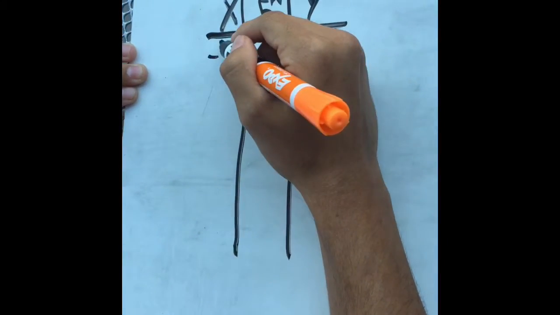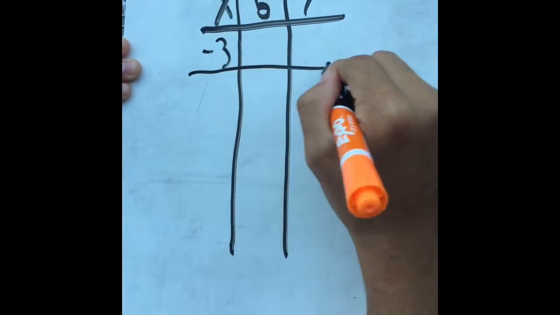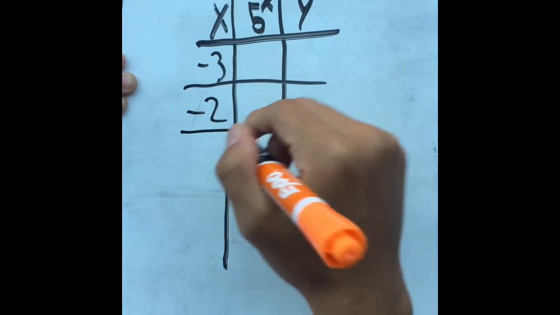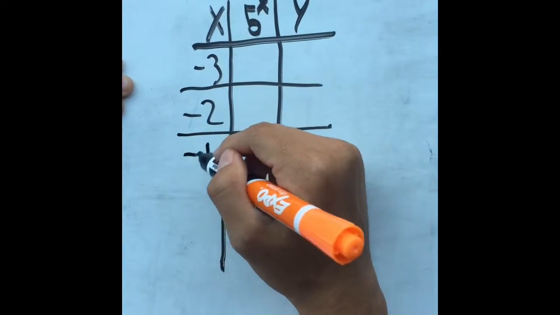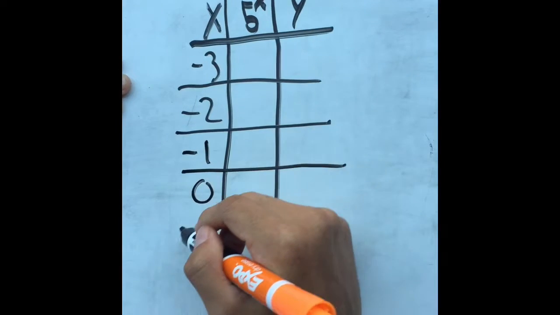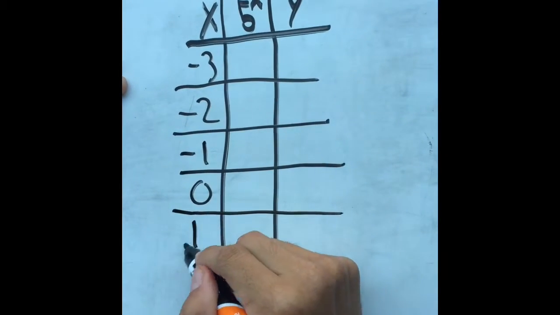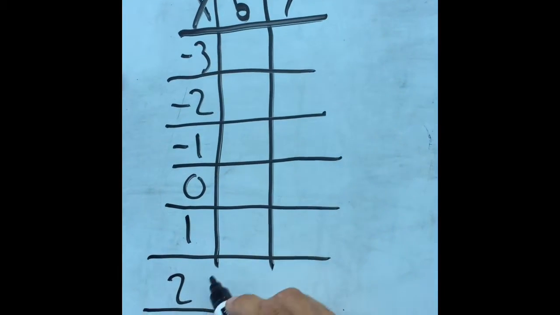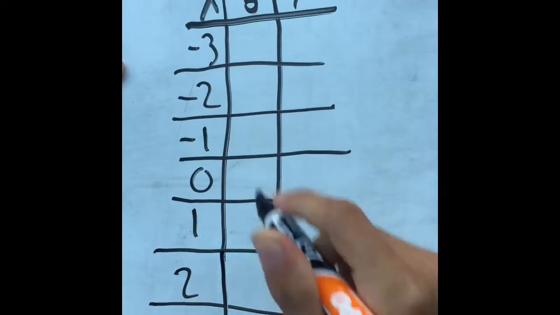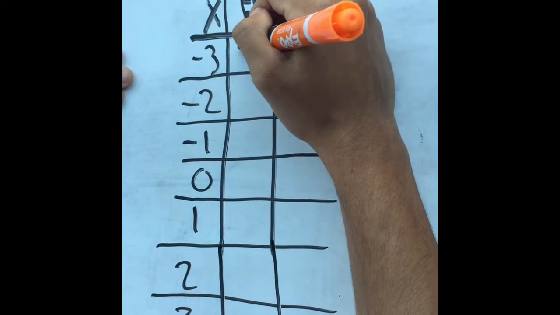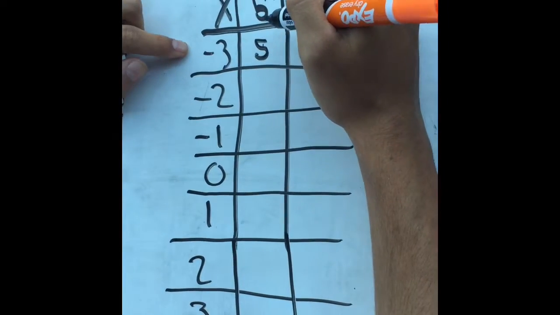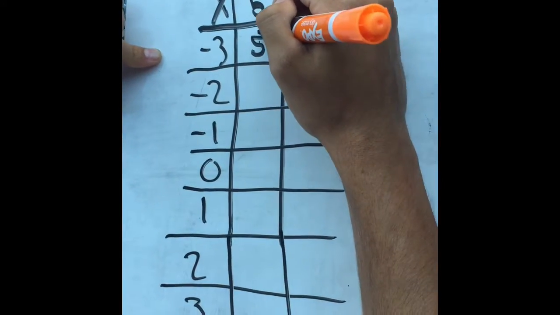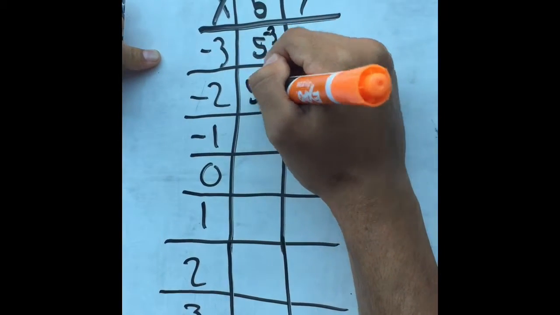So we're going to use our x as -3, -2, and we're going to go on until we hit +3. And then we will just put this into our formula, which will be like this.